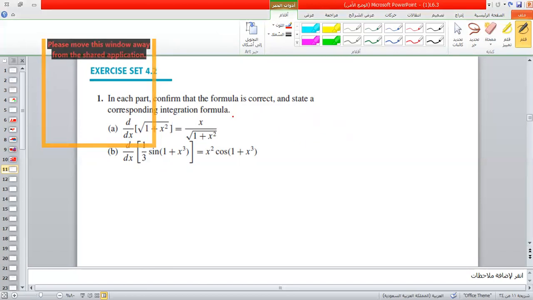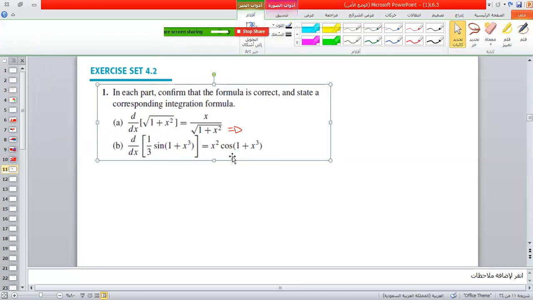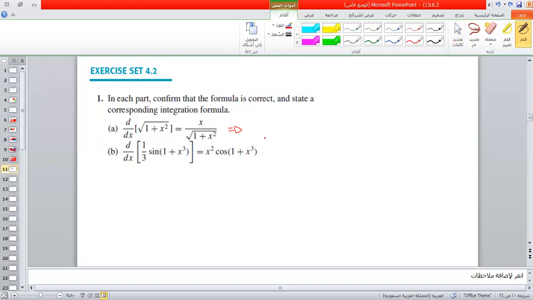But I don't think it's correct. You don't think it's correct? Why? Let's try to solve it.